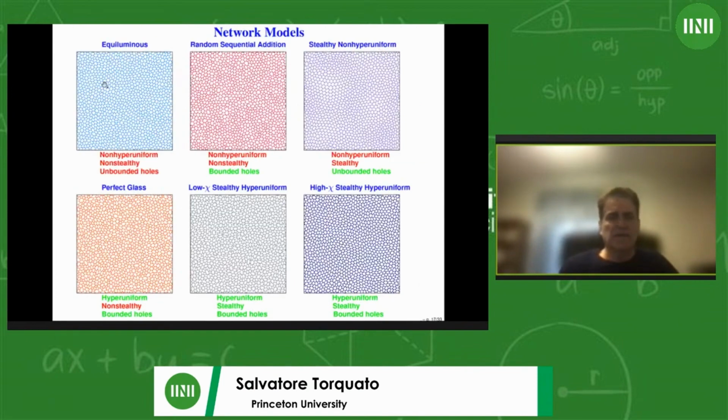These network models we called equiluminous, random sequential addition, stealthy non-hyperuniform, perfect glass, low chi stealthy hyperuniform, high chi stealthy hyperuniform. The red code means that it doesn't satisfy the conjecture. The green means it satisfies the conjecture. And these are the only two that possibly satisfy the conjecture. Well, of course, this one doesn't because it's low chi.